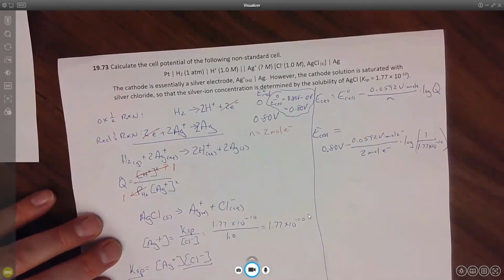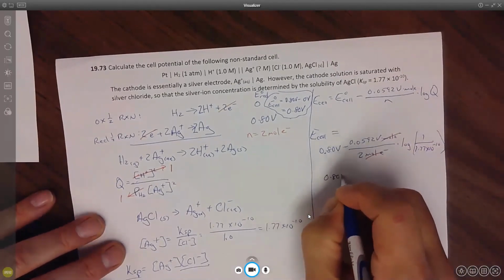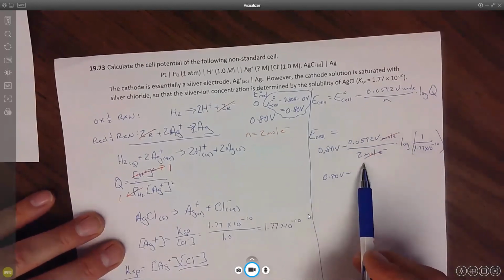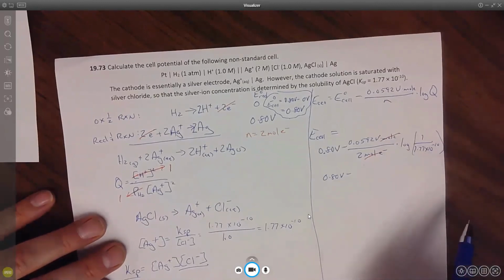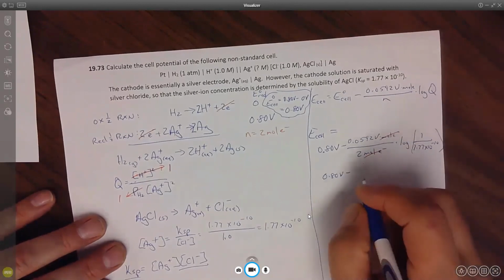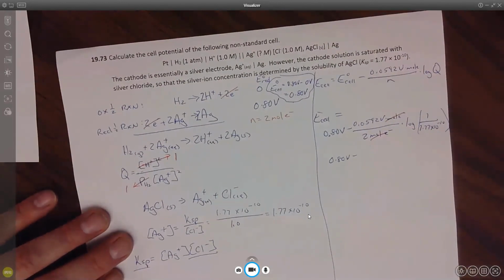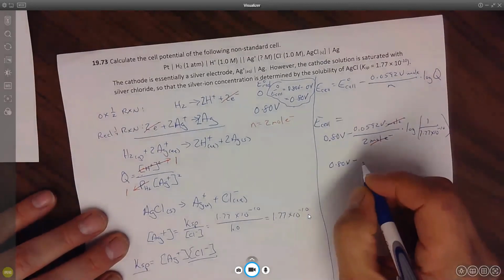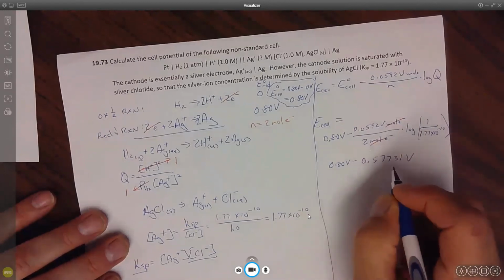So basically, I see that my moles cancel. And so if I take 0.0592 divided by 2 and multiply that by the log of 1 over that value, I am going to get 0.57731 volts.